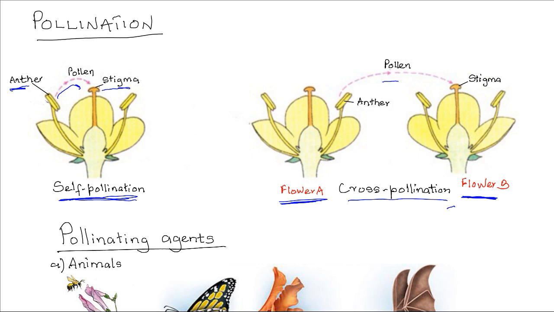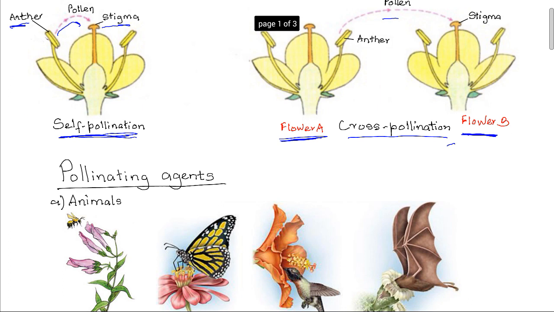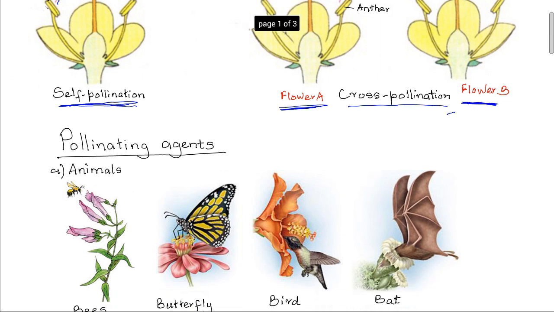Now, there are a number of agents that bring about the transfer of pollen grains from the anthers to the stigma. So the pollen is usually transferred by wind or animals.